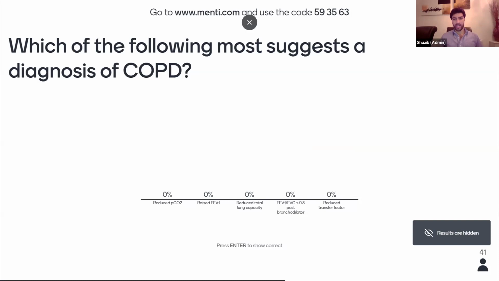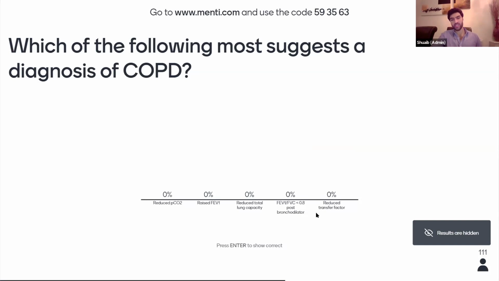Do we have reduced PCO2, raised FEV1, reduced total lung capacity, an FEV1 over FVC of less than 0.8 post-bronchodilator, or a reduced transfer factor?